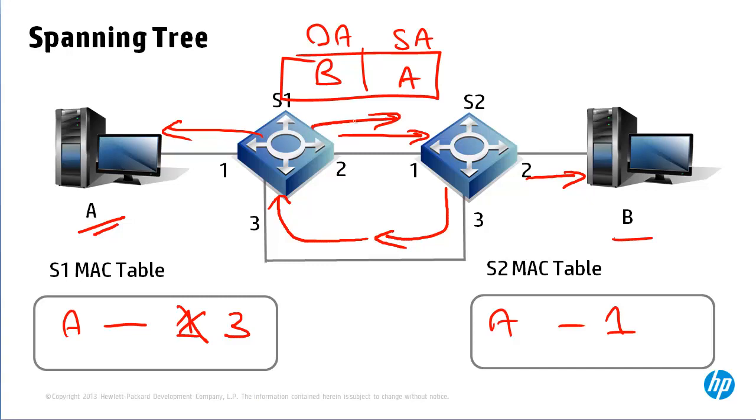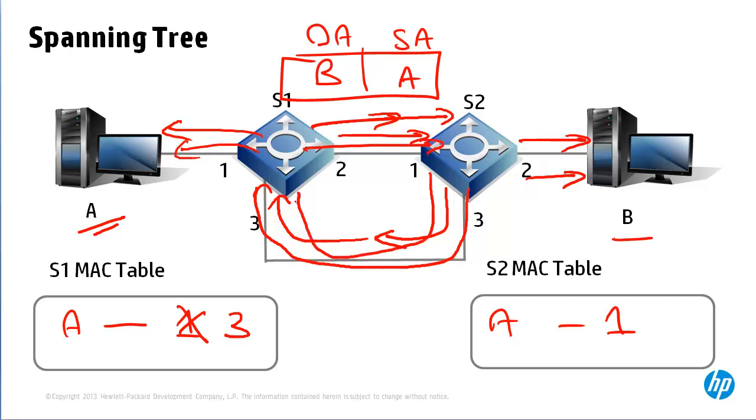But the biggest issue is this: the frame is being sent back to switch 2. Switch 2 then floods the frame out of all ports. And hopefully what you'll notice here is that a loop is forming. The frame is being flooded round and round. We have a loop on the network.